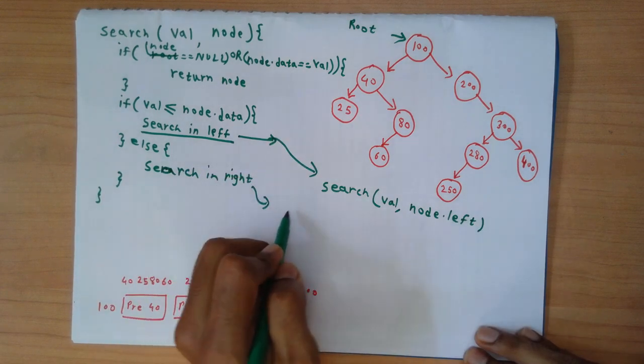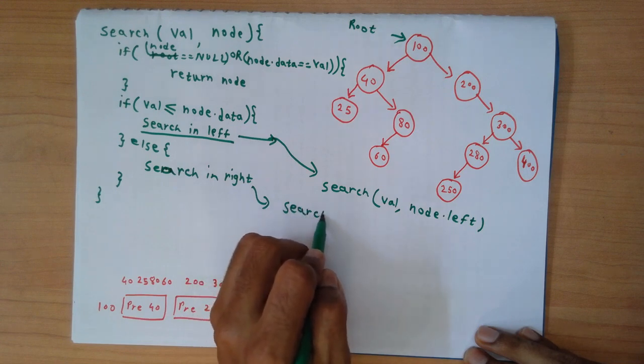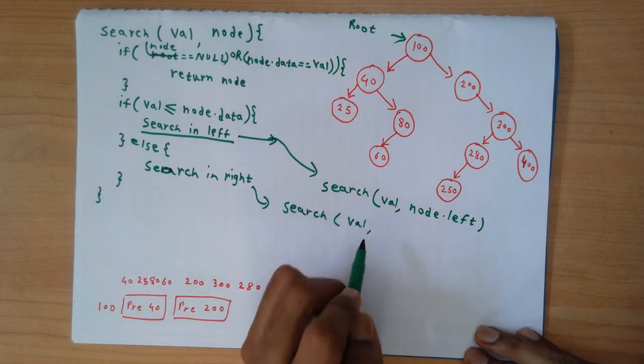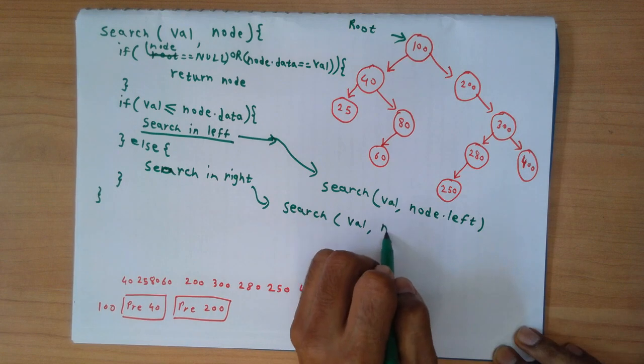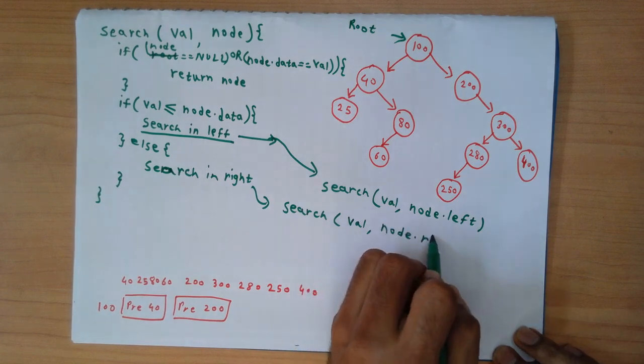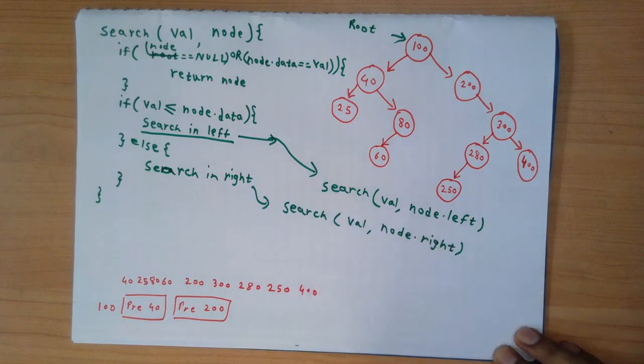Similarly, to search in the right, I will have to search the value in a tree which is rooted at node.right. So that's my search operation.